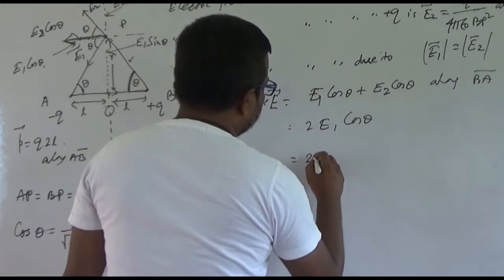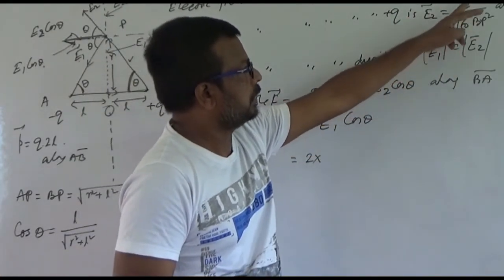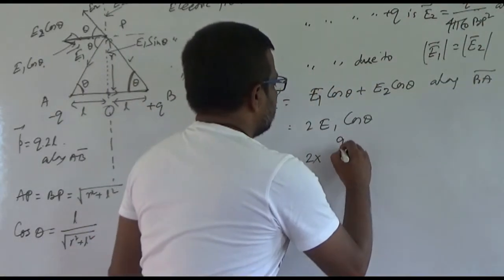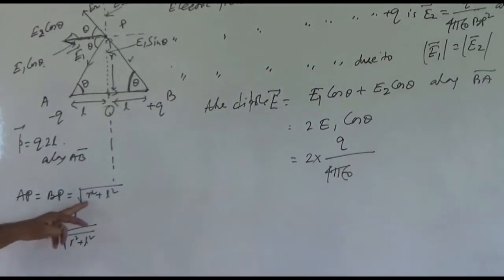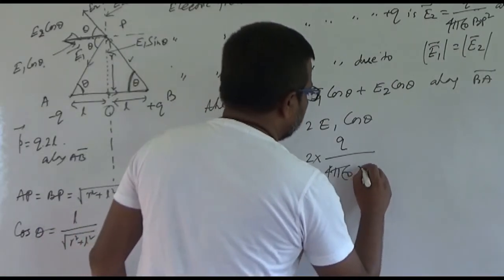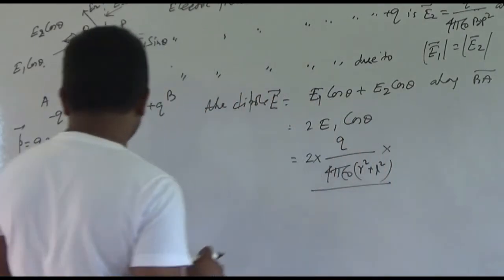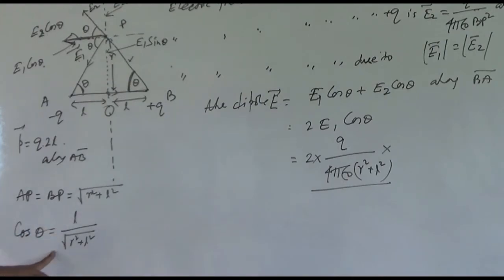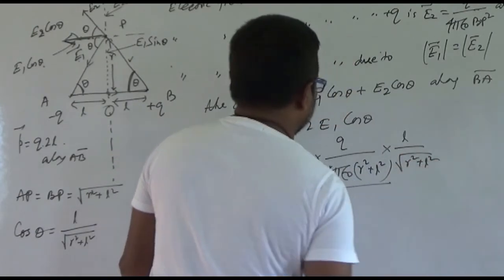E1 is Q by 4 pi epsilon naught AP square. AP is equal to BP is equal to root over R square plus L square, so AP square is equal to BP square is equal to R square plus L square. And cos theta we have already written: L by root over R square plus L square.